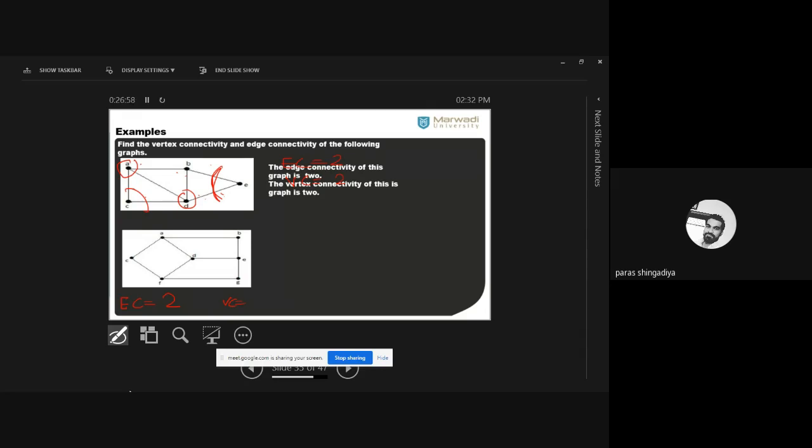Can we make the graph disconnected by two vertices only? Yeah, C and D. When we delete C and D, the graph is still connected. Sir, B and G.